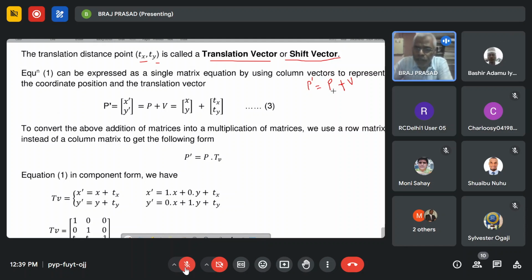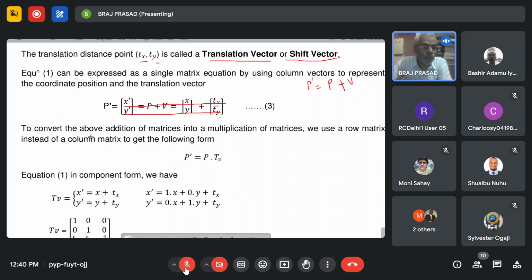Similarly, p is the coordinate of the original object, that is xy, and v is nothing but tx and ty. So if we combine all these things, then the coordinate x dash becomes x plus tx, and the coordinate y dash becomes y plus ty, that I have discussed in the earlier figure.